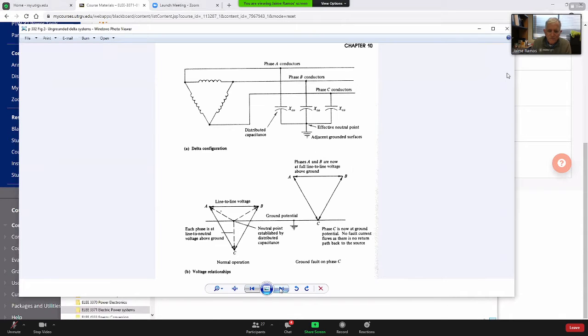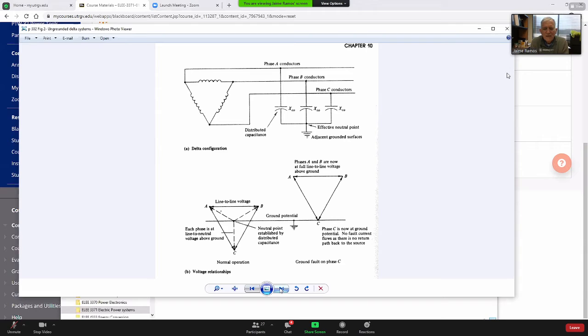Next, here we have the first case. It says that we can have ungrounded systems. For example, in this delta case, we have ungrounded systems.